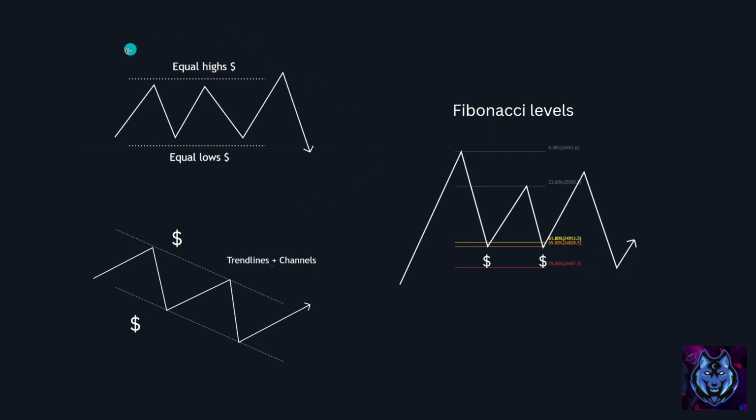So these are typically where liquidity is forming: on the equal highs and lows, channels and trend lines, and Fibonacci levels. This is where the retailer is traditionally taught to enter their positions. Smart money is aware of this, and this is what they play on in the market. They know where the retailer is placing their stop losses, and they will grab the liquidity from those areas.